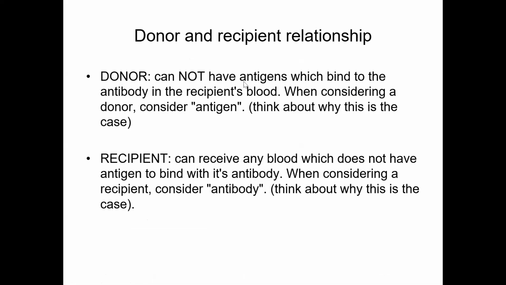Think about these antigens, they're on the surface of the RBC. They cannot react with the antibodies in the recipient's plasma. If there's a reaction, then you're going to destroy all the donor's RBCs, and then you did this transfusion for nothing. No donor's RBC can survive.